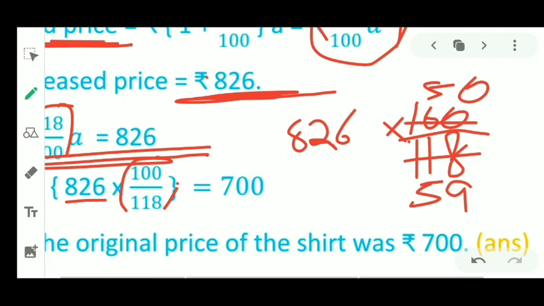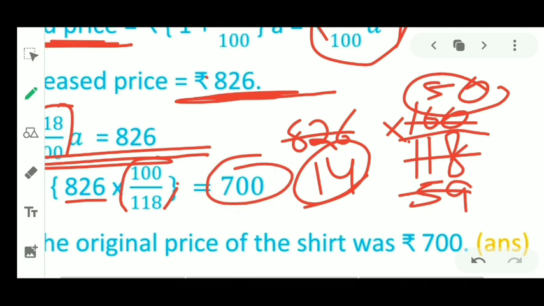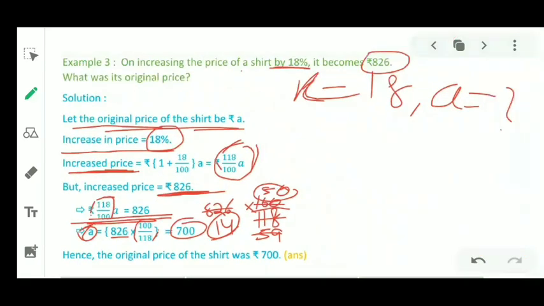Now if you divide 826 by 118, you'll get 7. Now 7 into 100 will be 700. So hence the original price of the shirt is 700 rupees. Clear?